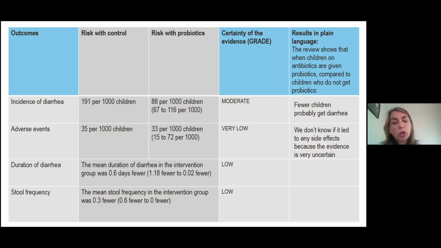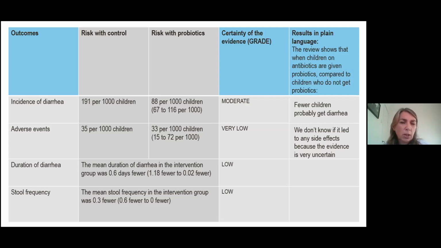But let's assume a child on average would have diarrhea for about 3 days. In this case, we're seeing an improvement of 0.6 days. And then you need to make a judgment. Is that a big effect, a moderate effect, a small effect, or not an important effect at all? And then you need to combine that with the fact that we have low certainty evidence.